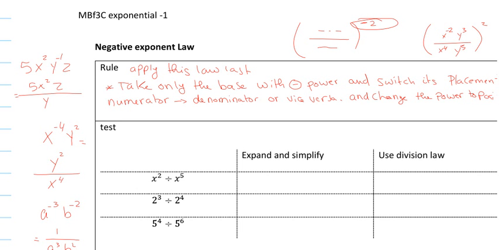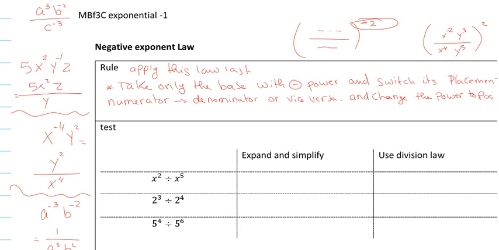How about if I have this? So you only put the b to the negative 2 down.